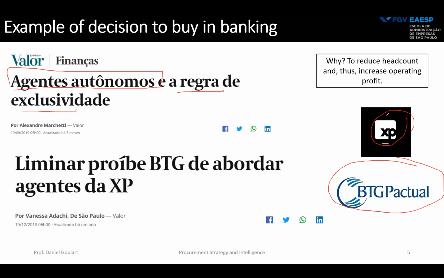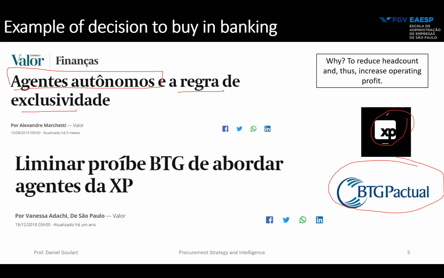And XP decided to go against this concept, very successfully in the beginning. They decided to outsource this.